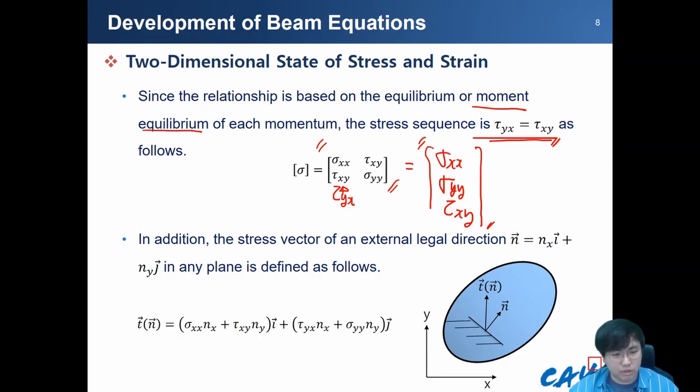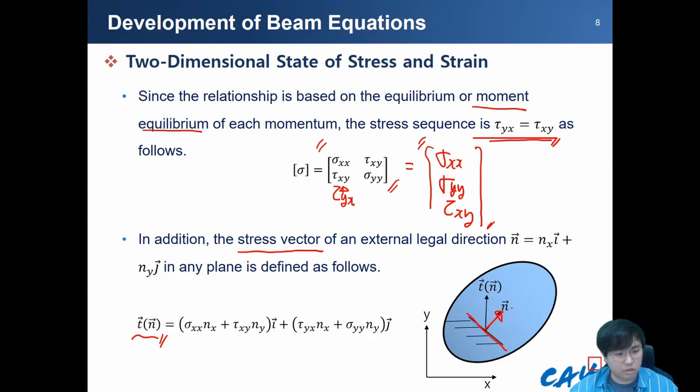Before we go into more detail, we should know the stress vector concept. So stress is actually defined on specific surfaces. It is because stress depends on the direction, so we should define exact traction forces in the specific direction.